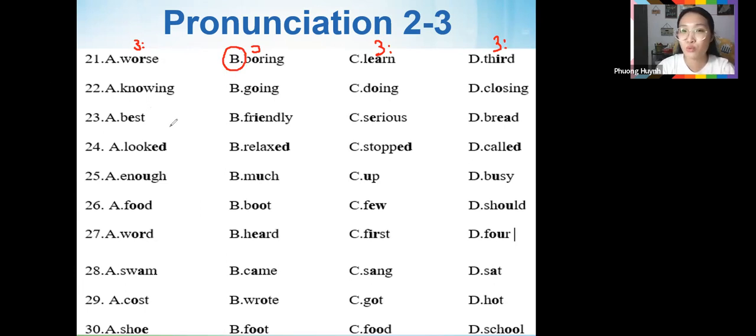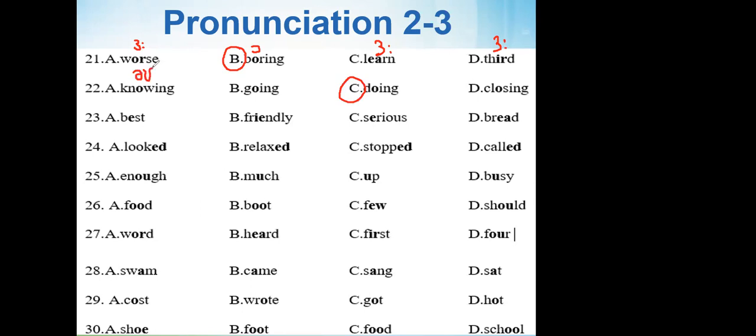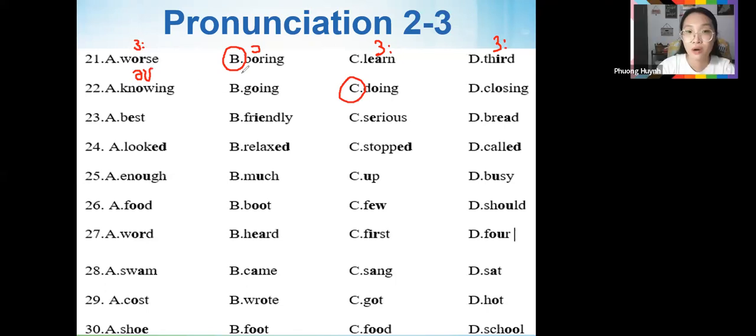Number 22. What do you think for 22? So we have C. That you choose C. Correct answer will be C. Đúng rồi. Yes. Chính xác. Cái này mình đọc là knowing. Âm ơ là vậy. Cái này cô viết ký tự này là âm ơ như vậy. Và kết hợp âm u thì mình đọc là O. Knowing.